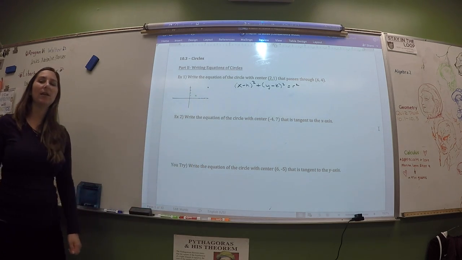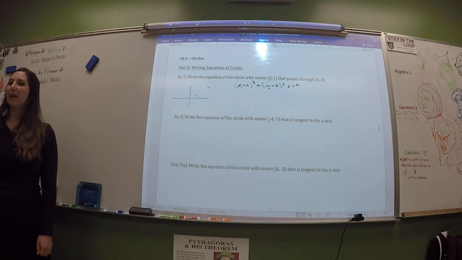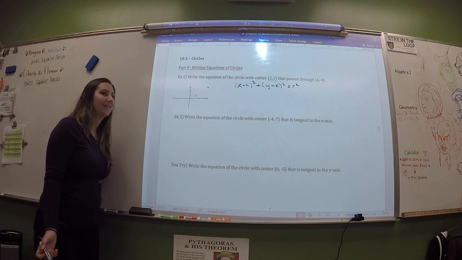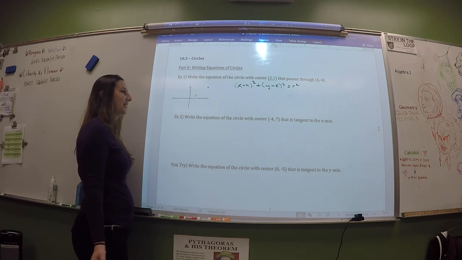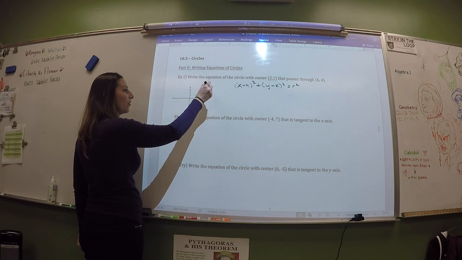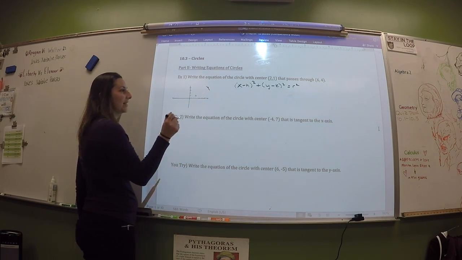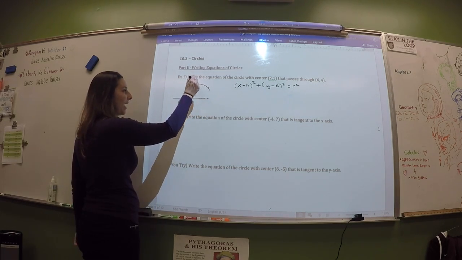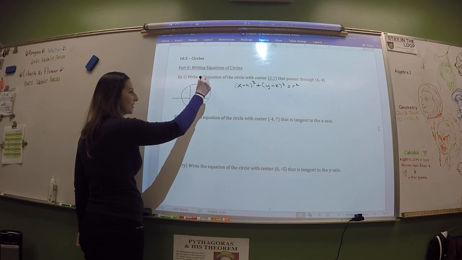If the circle passes through it, what does it mean to pass through something? To go in and through out, like the line goes into that point, and out. So it's going to circle around the center like this.